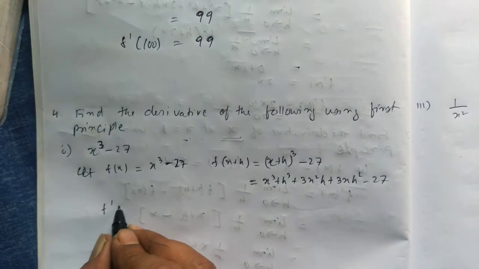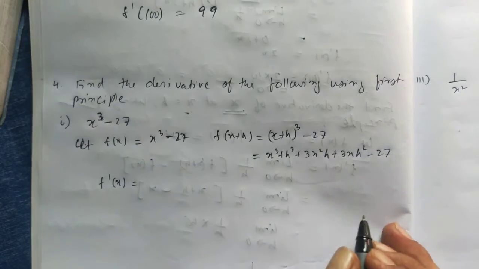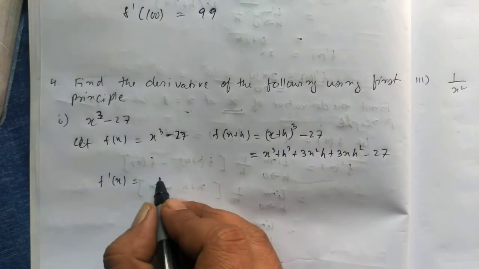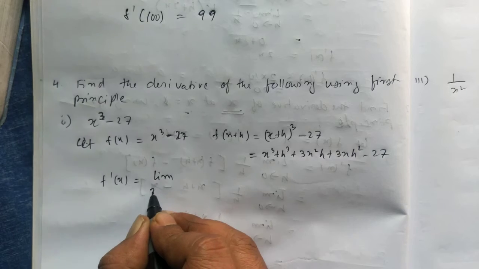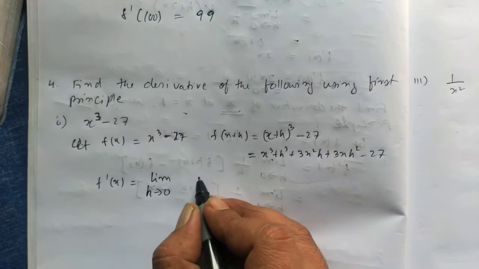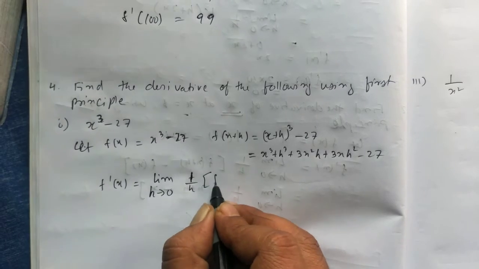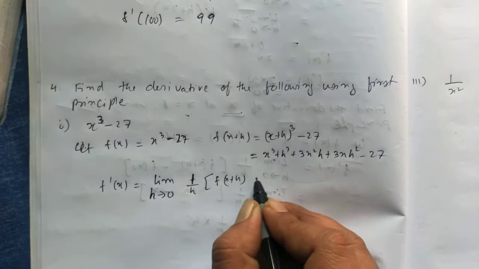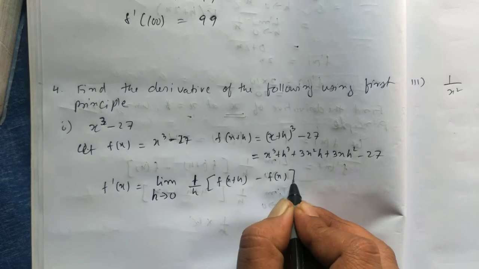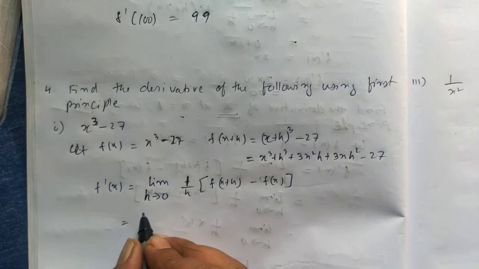Now use the formula of first principle, f dash x equal to limit h tends to 0, 1 by h, f(x plus h) minus f(x). I've used the formula, put the value.